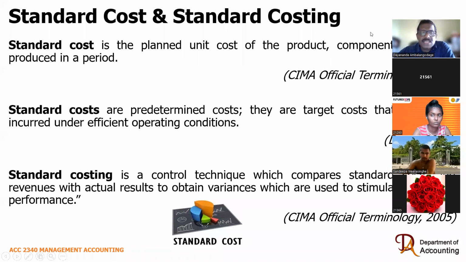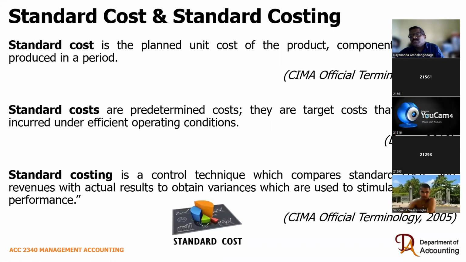Standard costing is a control technique which compares standard revenues with actuals and obtains variances, which are used to stimulate performance. When you say standard costing, it is the activity we really perform.